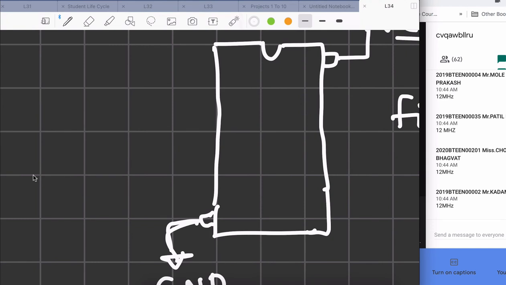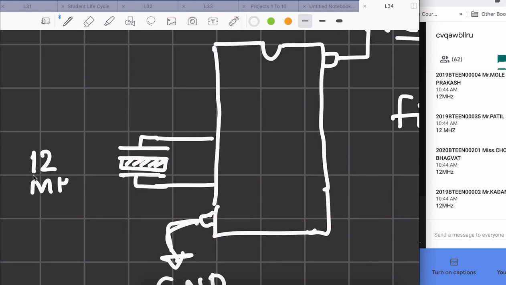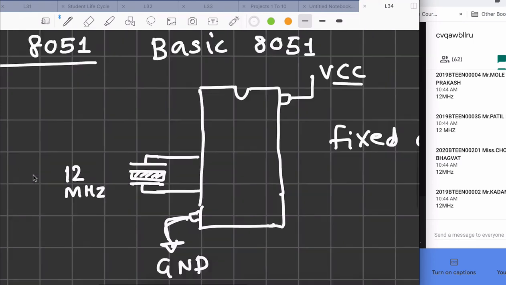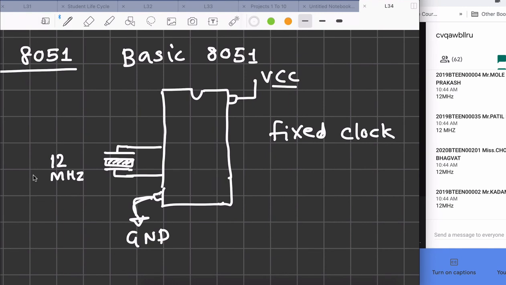or anyway I will not go into the details. So this is the crystal, 12 megahertz. Fine. Right.